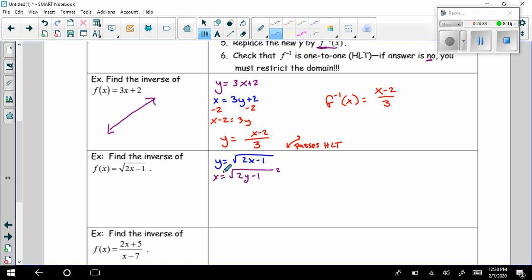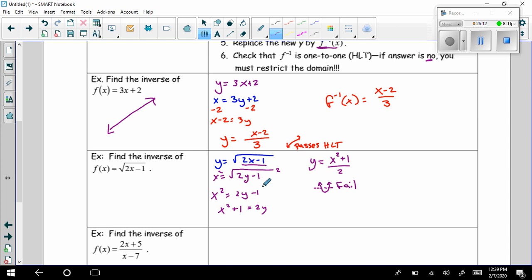So squaring both sides, x squared equals 2y minus 1, x squared plus 1 equals 2y, so y equals (x squared plus 1) all over 2, or put them individually over 2, it doesn't matter. But this does not pass your HLT, right? You can't draw a horizontal line, so it fails, which means we need to restrict our domain.